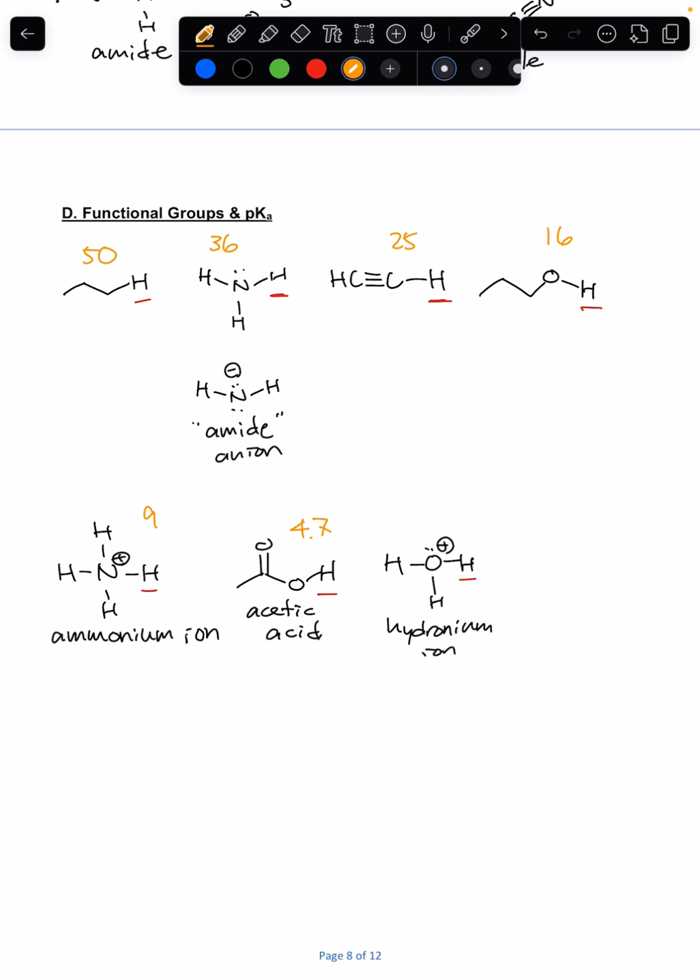It wants electrons, and yet it has a deficiency of electrons when it's positively charged, right? That means it's missing electron density, and so this is uncomfortable. And so for that reason, it's a strong acid with a pKa of negative 1.7. Anything that has a pKa below 0 is usually considered a strong acid.